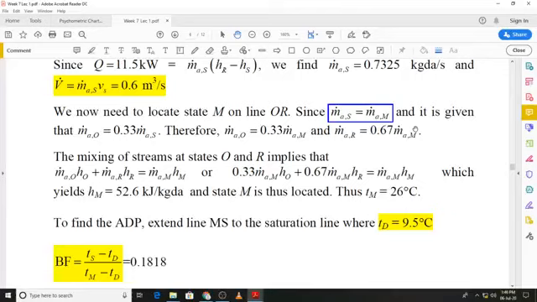Remember, the supply air mass flow rate will be greater than the mass flow rate of the outside air that is used for mixing with the recirculated air.